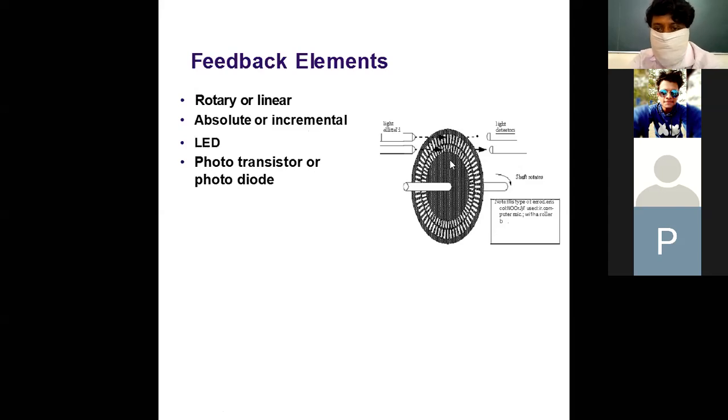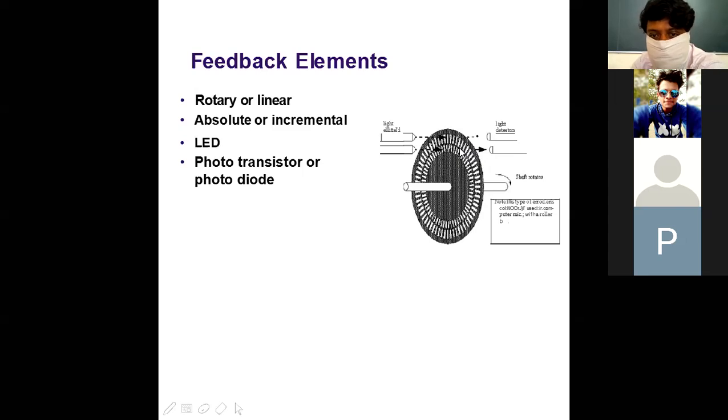Okay. Now what happens? See this diagram. This is a type of plate. On that some grooves are made. Then they are rotated. Now from the left side you can see that light is emitted, and it passes through these particular grooves. Light detectors are placed at the other side.